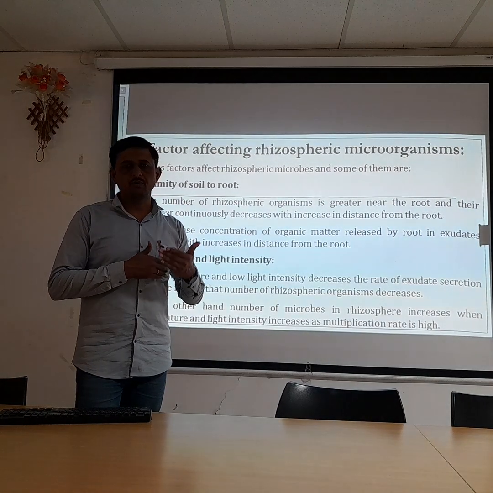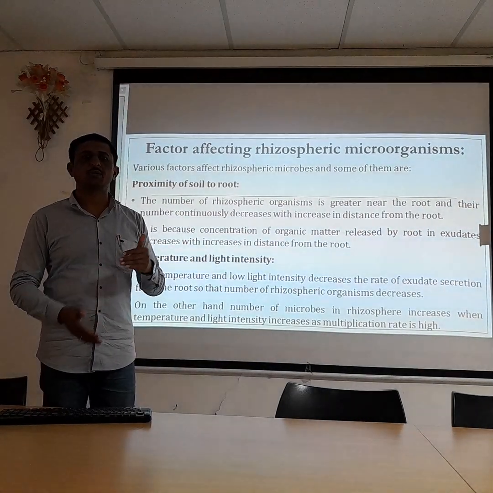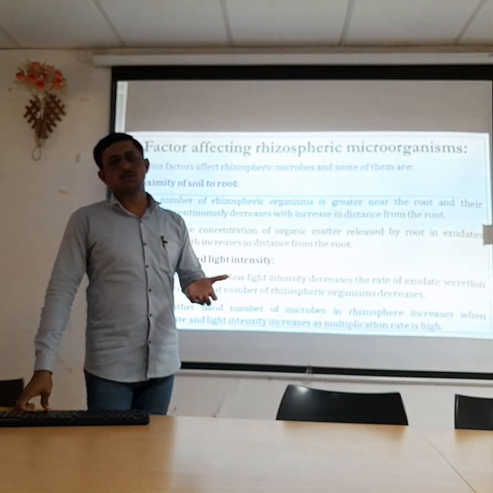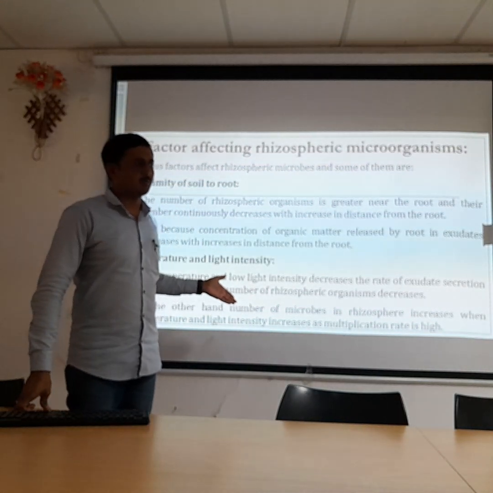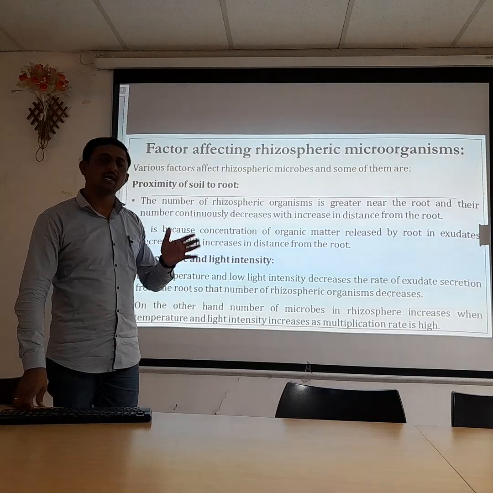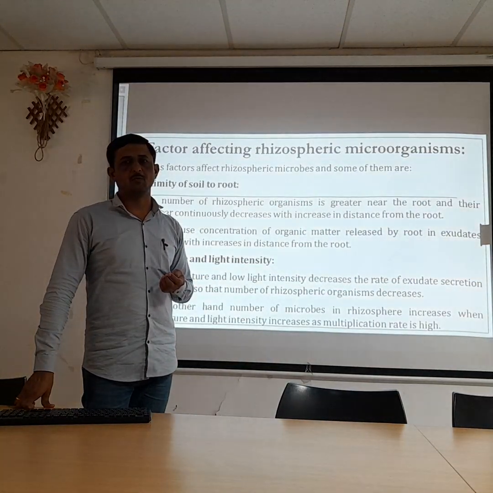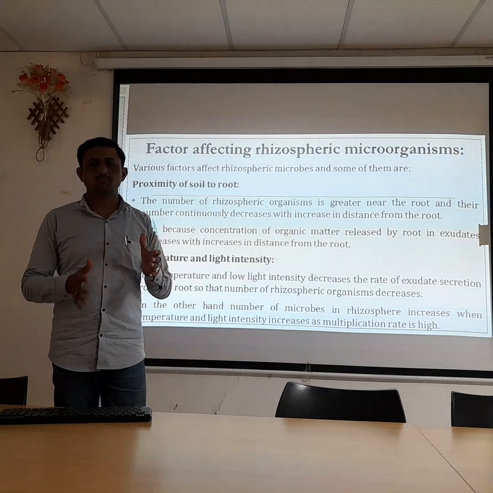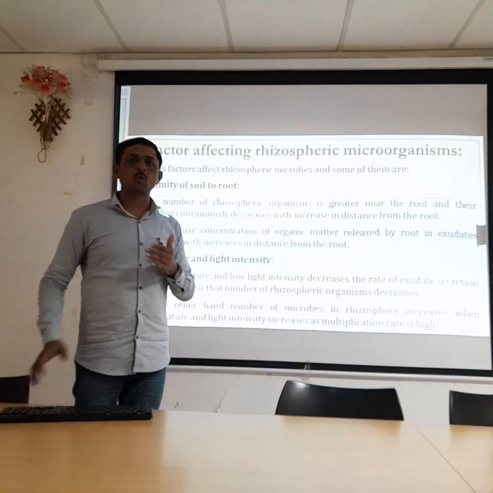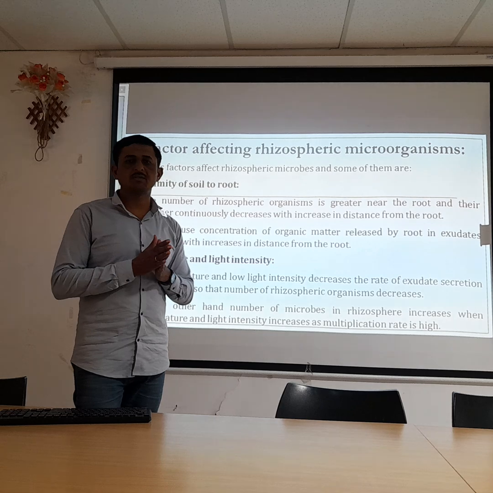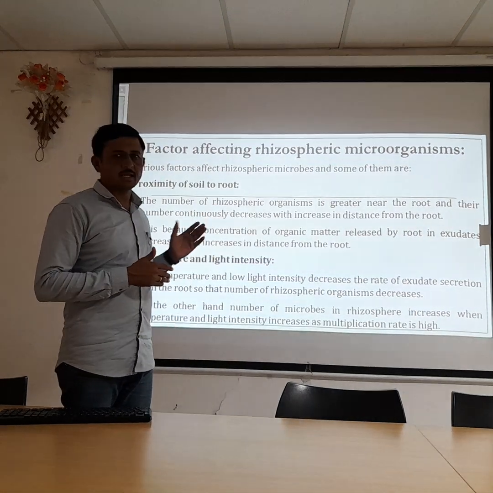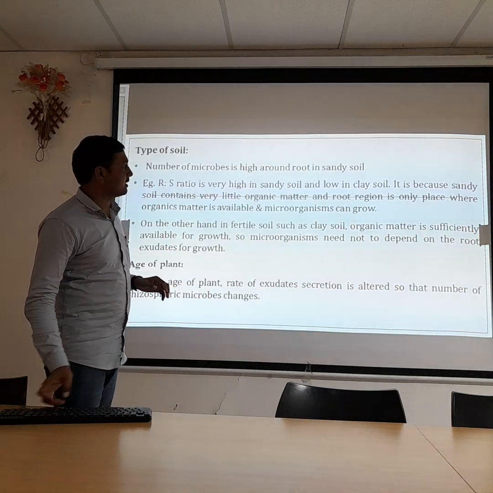However, if light intensity or temperature increases too much, it also affects the normal metabolism of microorganisms, and again there is a decrease in the microbial population. So the microbial population requires an optimum temperature so that microorganisms can easily survive in that environment.